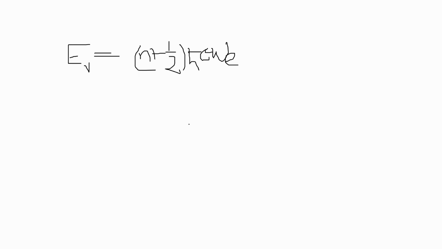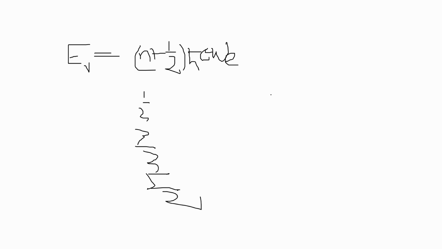From this relation we can say that the levels are 1/2, 3/2, 5/2 like that, so the separation between two energy levels is h cross c omega e. So the energy levels are equally spaced, and we get a single spectral line.